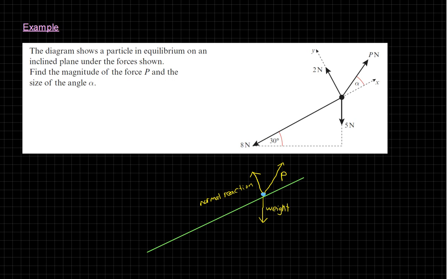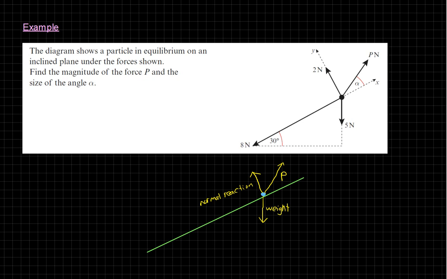I don't particularly know what that P is doing there. It's presumably someone pulling on the ball or something. And the 8 newtons going down the plane, also no idea. We don't know what this force is. It could be a motor on this object making it go down the plane. Maybe it's a second string also pulling on it. We really don't know. But we don't technically need to know for this question what these forces are.